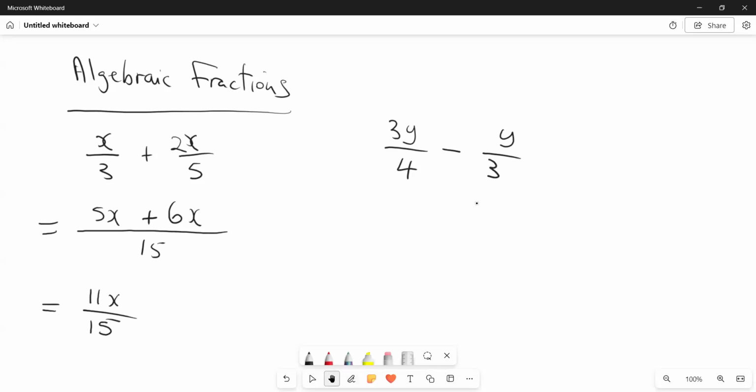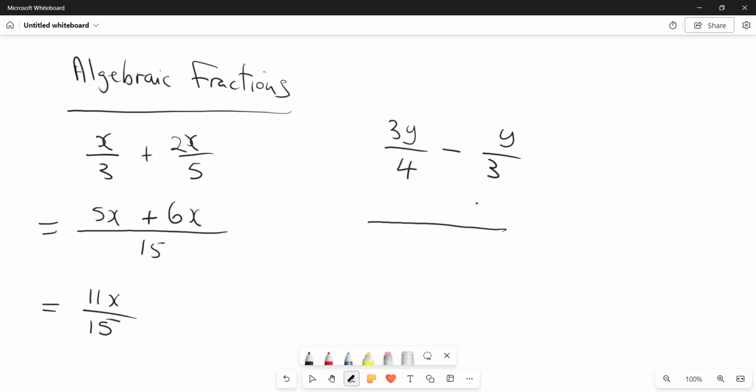Try this. Five y over 12. 5y, sir. 5y over 12.